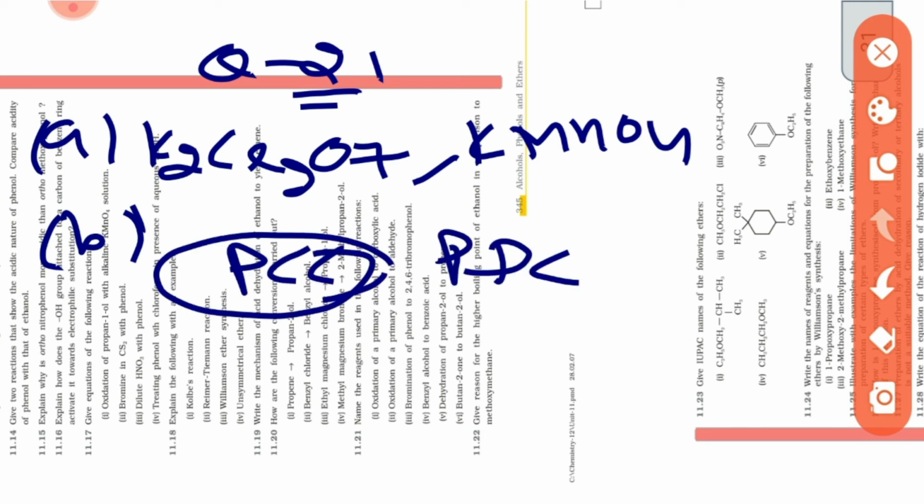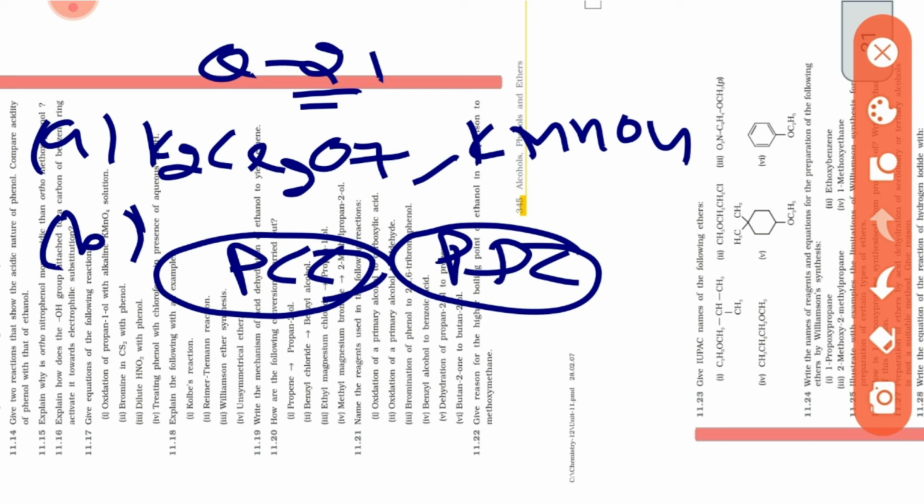Then it's B part. They're asking you oxidation of primary alcohol to aldehyde. But whenever they are writing primary alcohol to aldehyde, just remember one thing. This is PCC and this is PDC. Whenever we use PCC and PDC, the reaction will be retained only up to the aldehyde. Carboxylic acid cannot be formed.